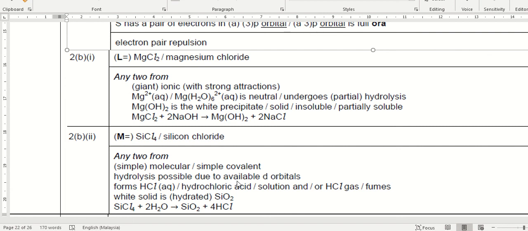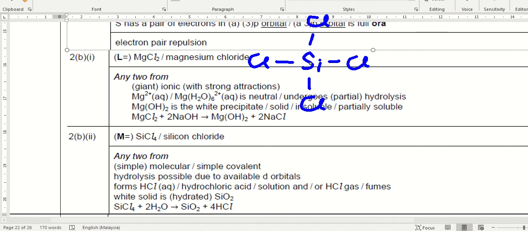So what does it mean? Now silicon chloride undergoes a certain mechanism for this hydrolysis. So what happened was I have silicon bonded to 4 chlorine. This is SiCl4.